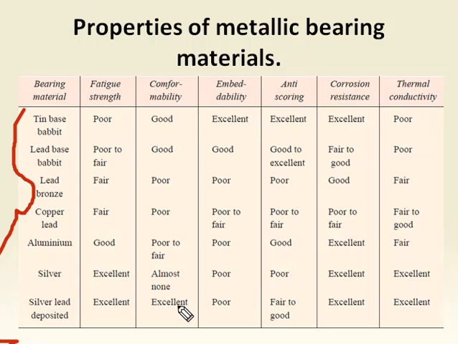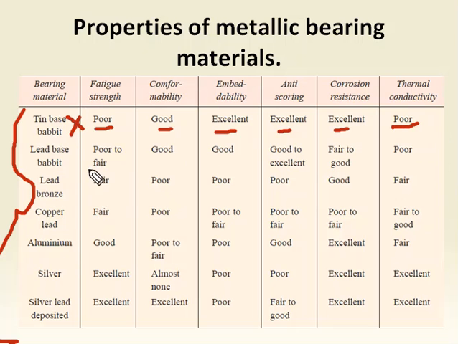For example, if you use a tin based material, the fatigue strength is very low, but it has good conformability, excellent embeddability, anti-scoring and corrosion resistance, everything is fine, but thermal conductivity is poor. So the application is very important. If I use it in an automobile, where heat generation is more, then tin based babbitt material is not suitable for that.